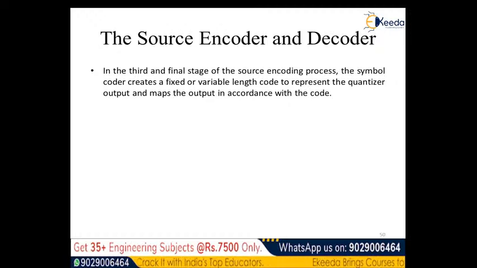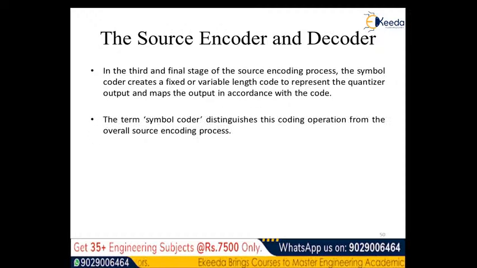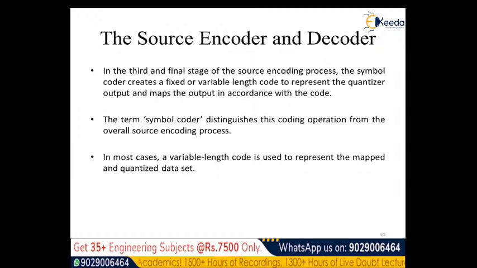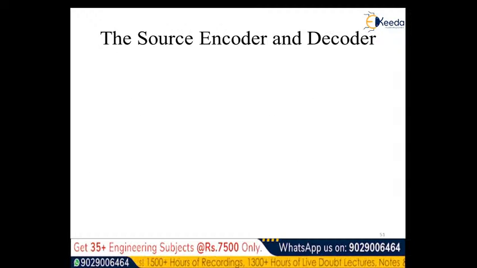In most cases a variable length code is used to represent the mapped and quantized data set. This assigns the shortest code words to the most frequently occurring output values and thus reduces the coding redundancy, and the operation is of course reversible.